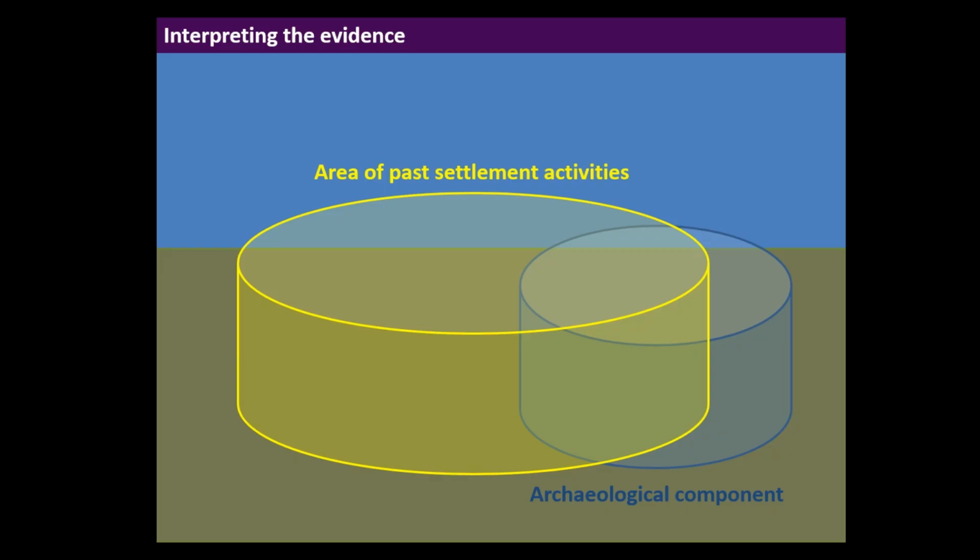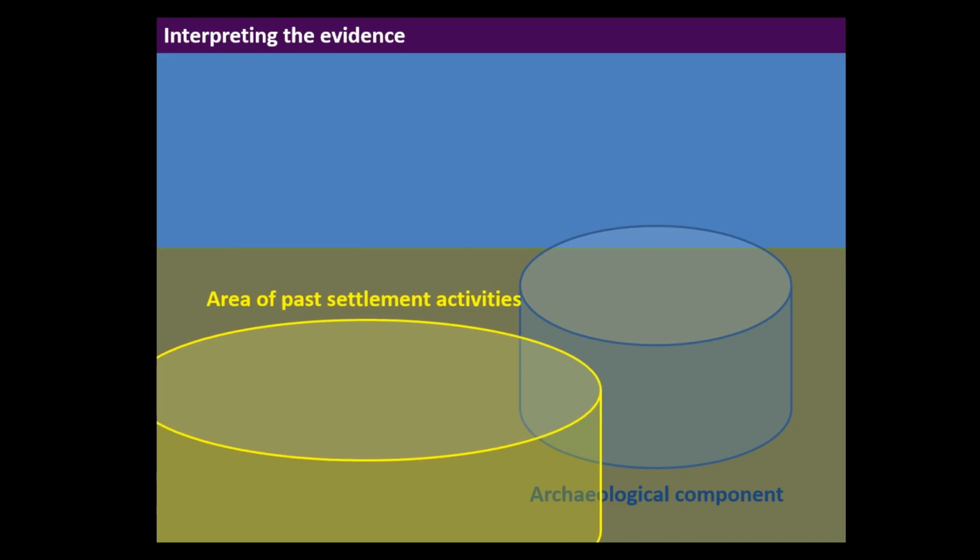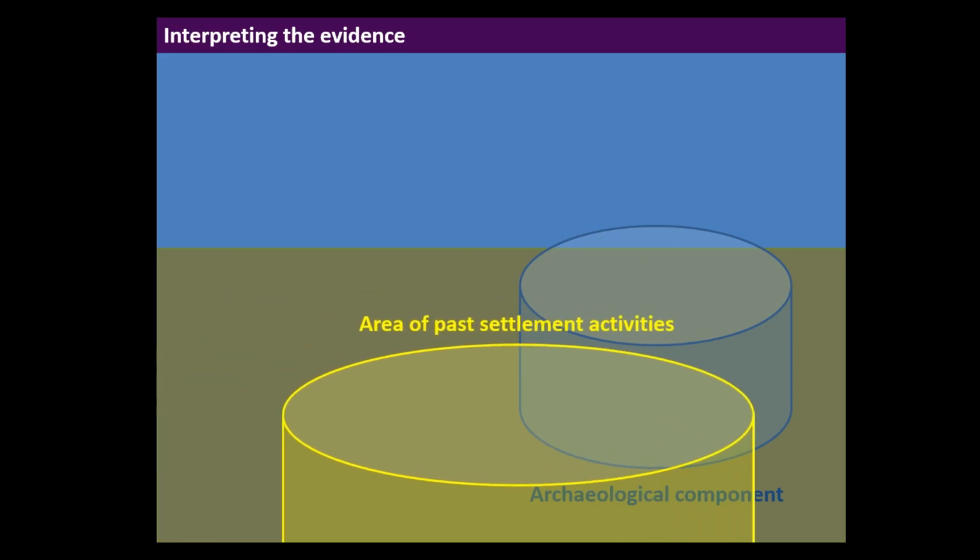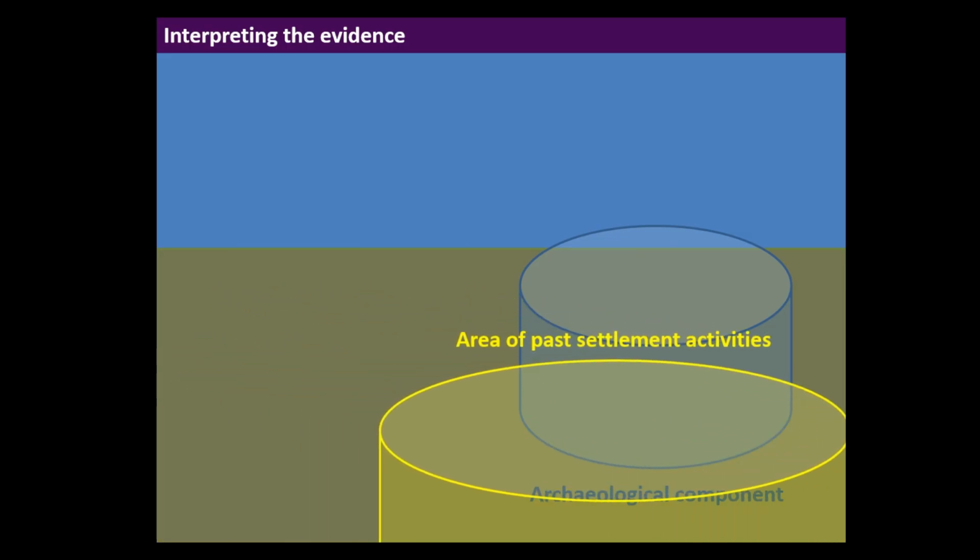Of course we don't know where the center lies. So the image might look like this, or it might look like this. There has to be some overlap, but it's two volumes in space and time that are somehow related.